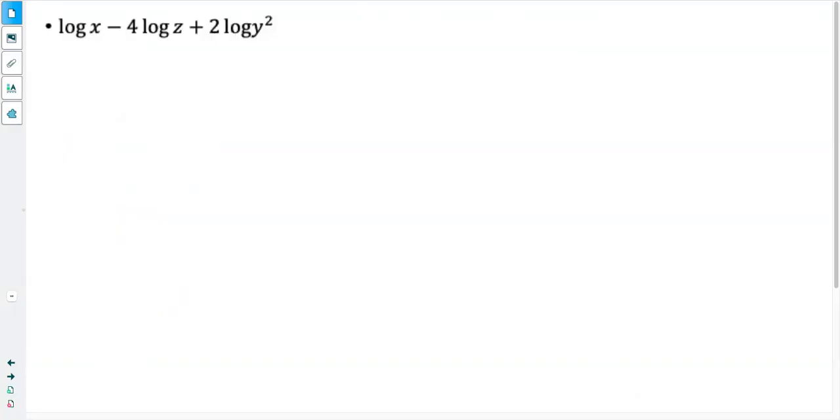Next, we've got log of x minus 4 log z plus 2 log y squared. So we'll deal with the power law first. So we've got log of x minus log of z to the power of 4 plus log of y squared, and then we're squaring it.